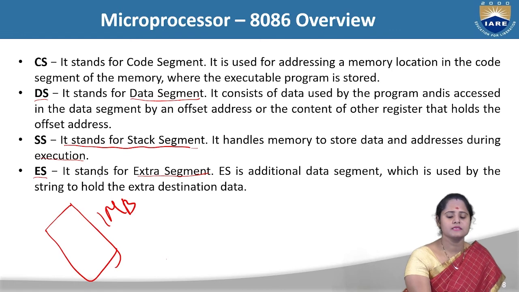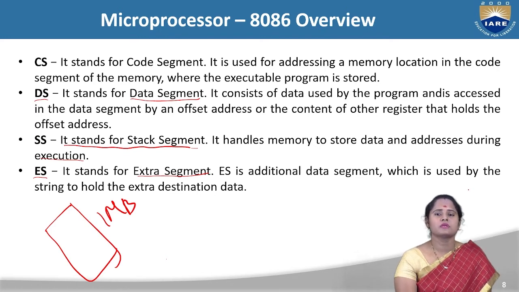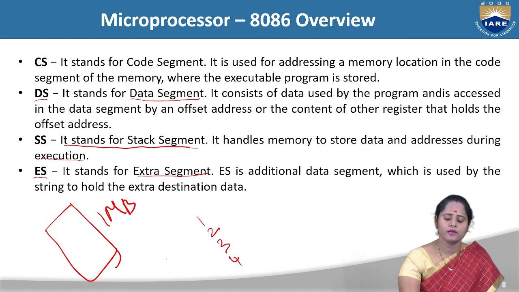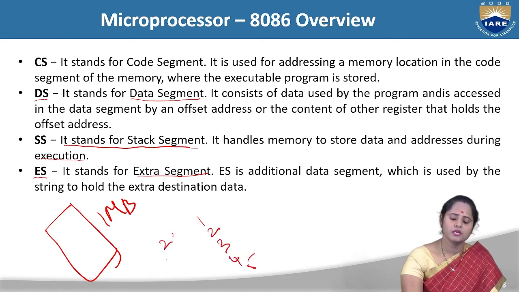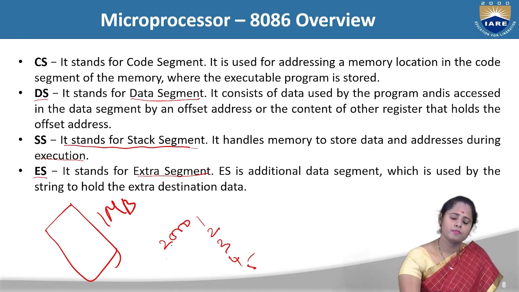And ES is the extra segment. This is an additional data segment which is used for string operations, for the extra destination data. For string operations, say I have some string data 1, 2, 3, 4, 5 in a memory location like 2000, accessed by registers like SI.